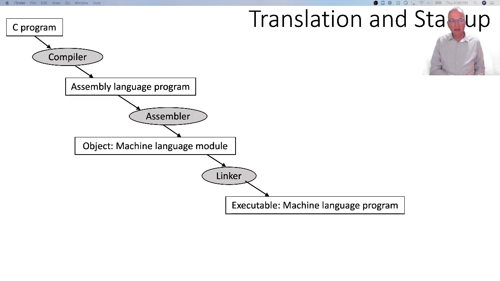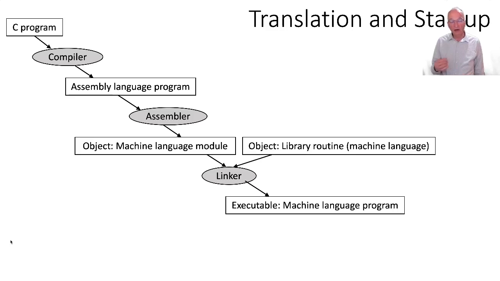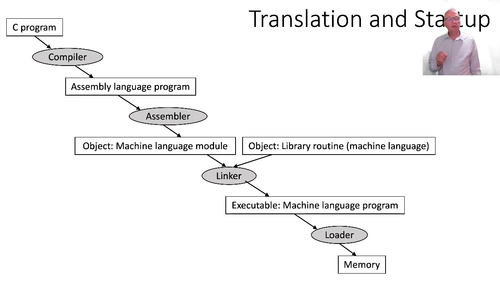Potentially, you may also have library code that you also have to link with the modules that you created. By linking those together, you have a full program in machine format, which you then load into the memory of a computer before it can be executed.